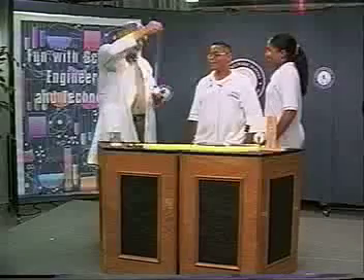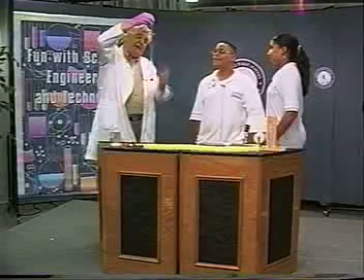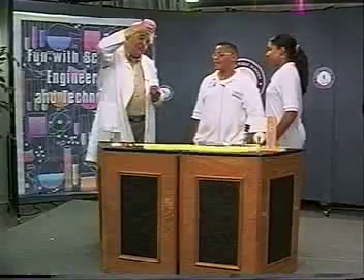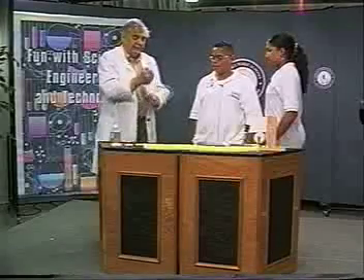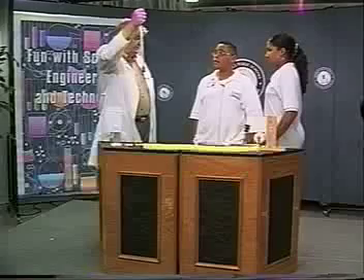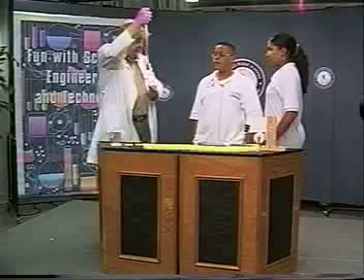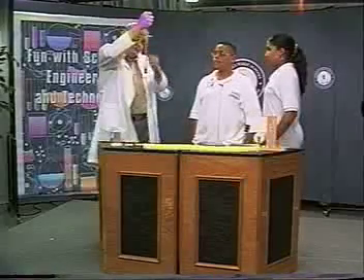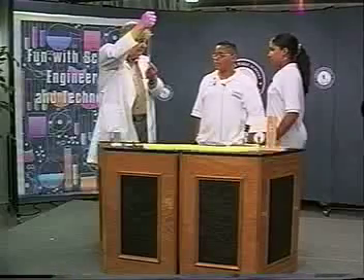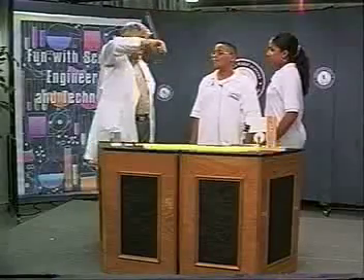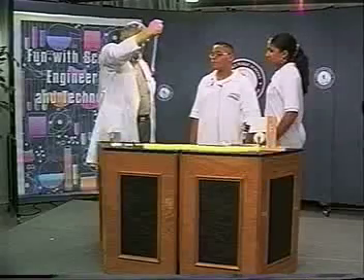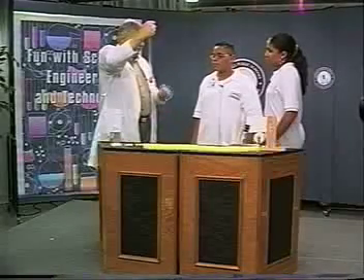So if I let go of this now, gravity is going to pull it down, right? And what we're doing is getting some air going through here, and causing that little reed to vibrate and make that noise.